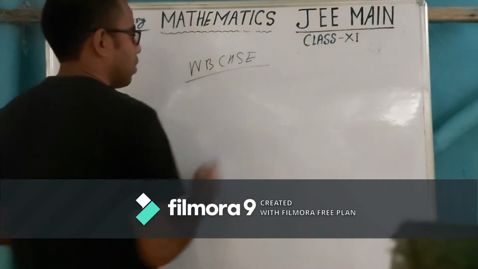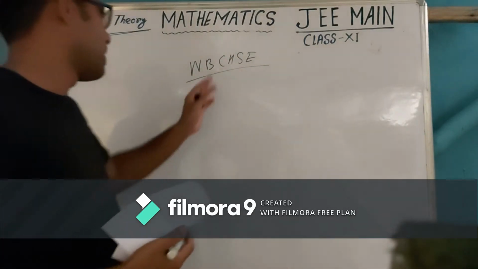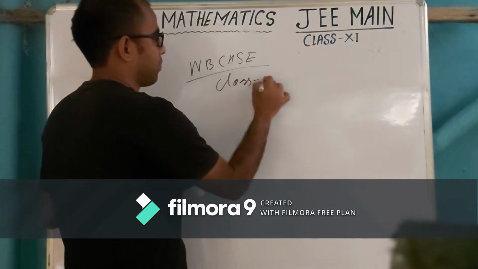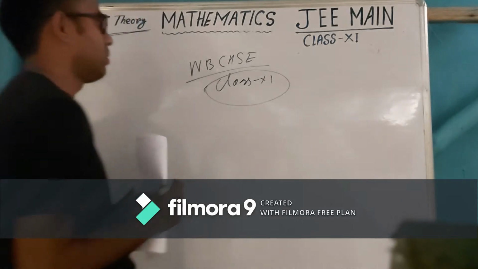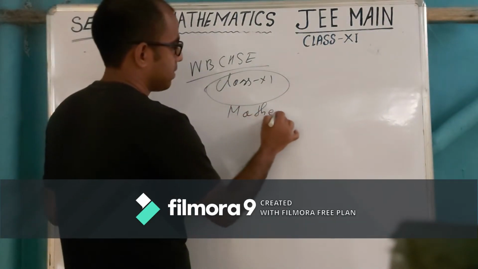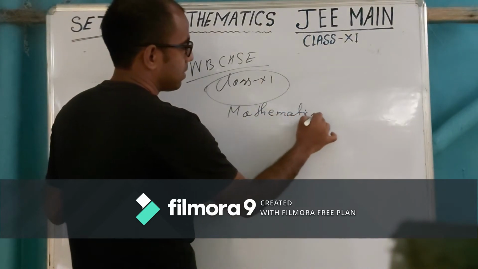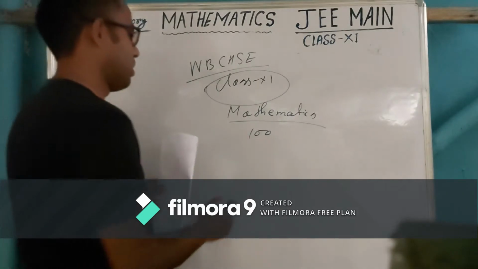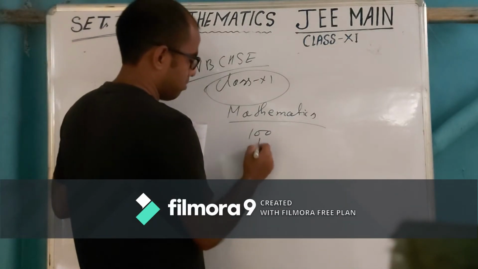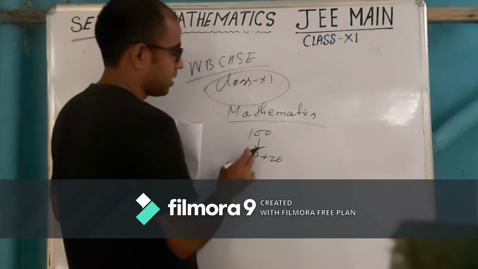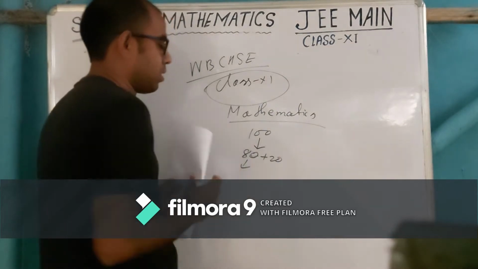WBCHSE, West Bengal Council of Higher Secondary Education, for class 11 mathematics contains full marks, and this is divided into two parts, 80 plus 20. This is the theoretical part and this is for project purposes.